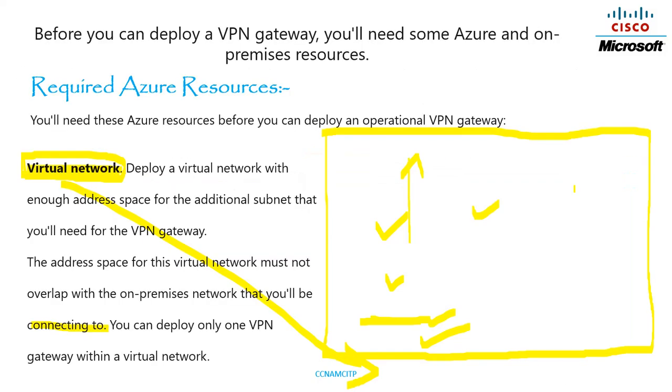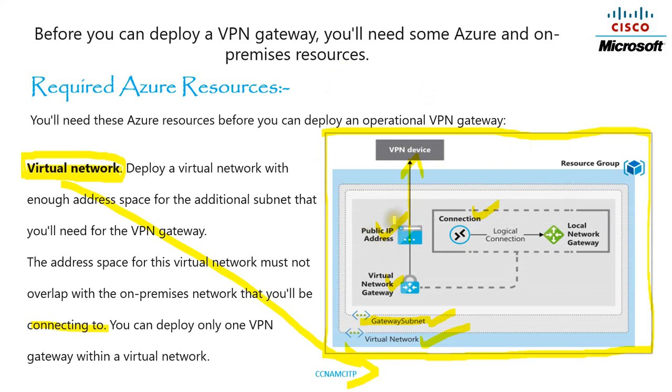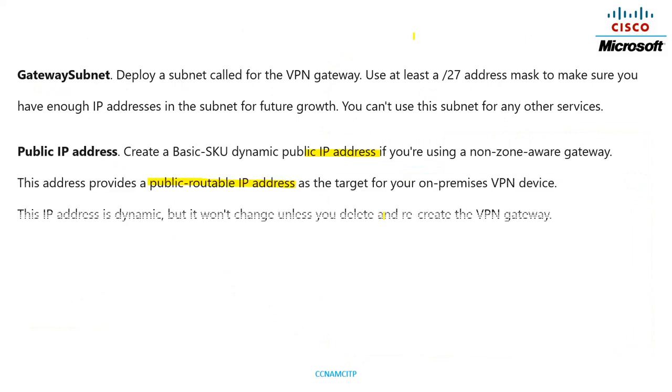Let's see where it is once again. This is the public IP address. This IP address is dynamic, but it will not change unless you delete and recreate the VPN gateway.